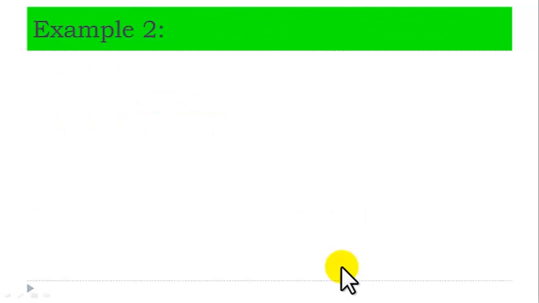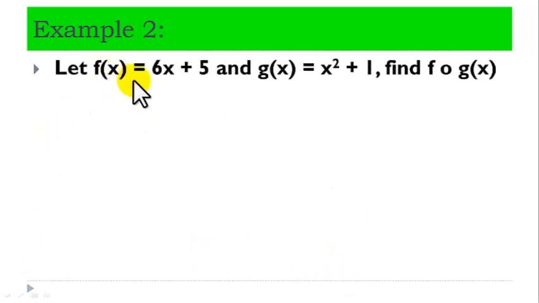Example 2. Let f of x again be equal to 6x plus 5 and g of x equal to x squared plus 1. Find f∘g of x. Solution. To find f∘g of x, we begin with f of x.